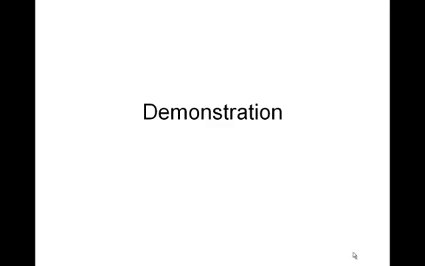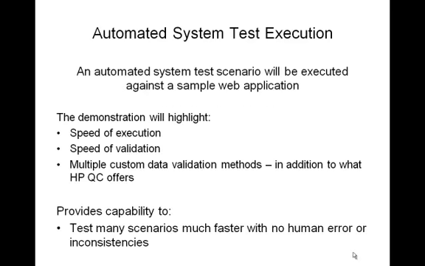We will now demonstrate the speed and execution of this framework. The automated test scenario will be executed against a sample web application. The demonstration will highlight the speed of execution, speed of validation, multiple custom data validation methods, in addition to what HPQC offers.